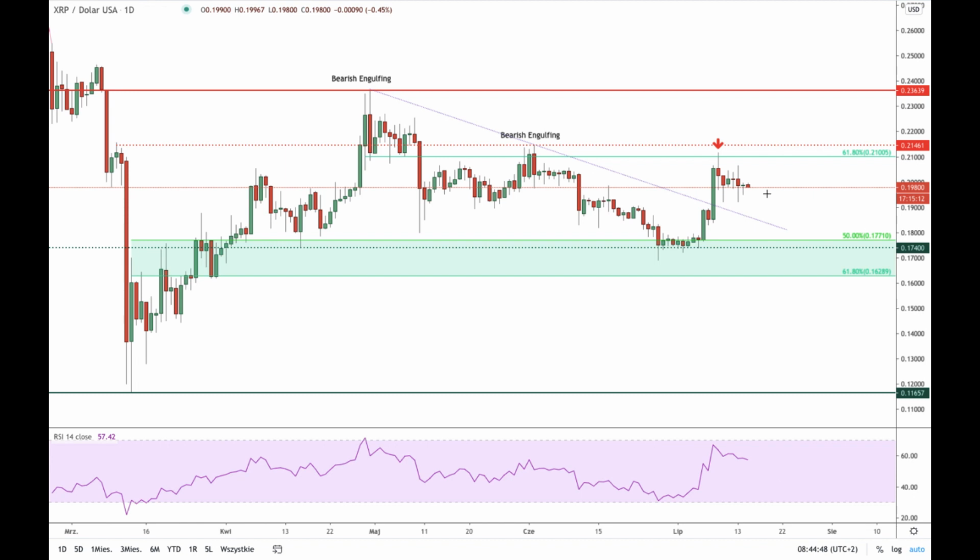So for the next couple of days, I would rather stick to my view, which is still bearish, and as long as this level 0.2146 is not clearly violated, the outlook, despite this breakout here, is still bearish for the XRP, with the potential to move lower towards the level of 0.16289, which is 61% of the Fibonacci retracement of the last wave up.